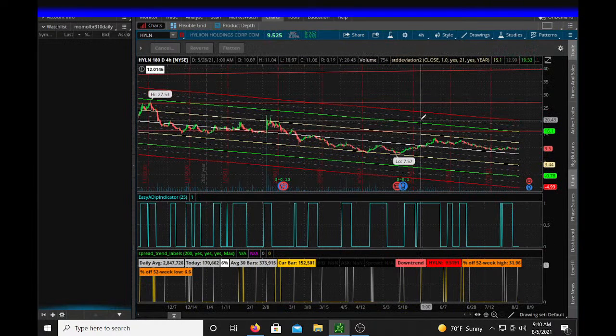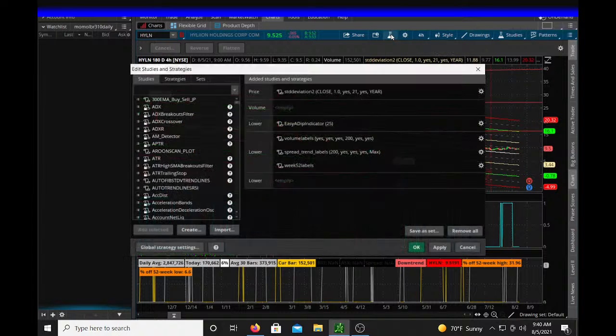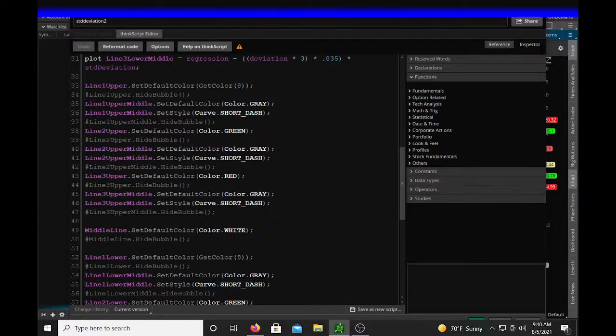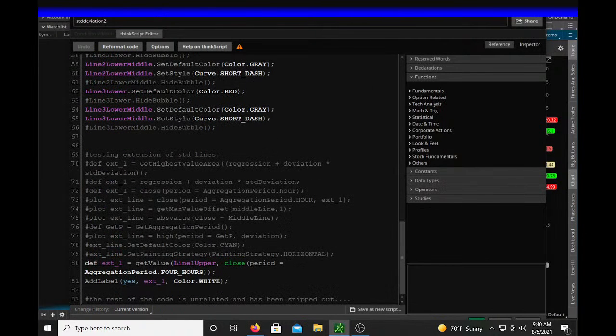Only on the 4 hour and down. Why is that? Probably because of this yesterday high-low, which means it only goes by a day, right there, that's it. That's why we're only getting our 4 hours.